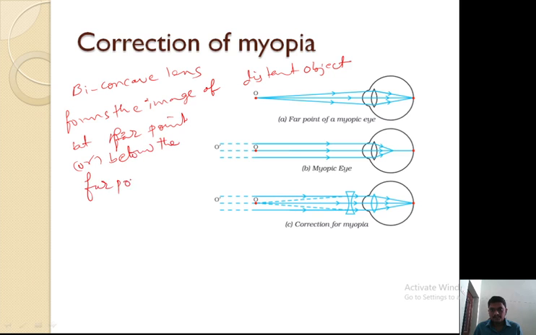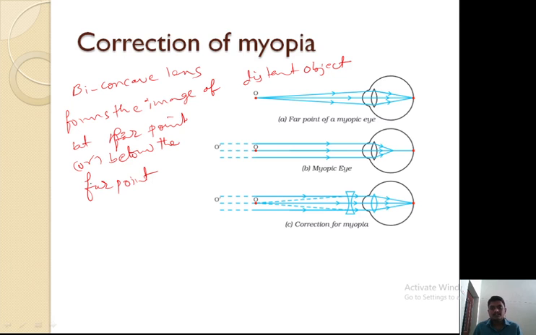It will bring the object from infinity to the far point. So for the eye, the object is not coming from infinity, it is coming from the far point. When an object is at the far point, the eye can see that object clearly and distinctly. In this way we can correct myopia.